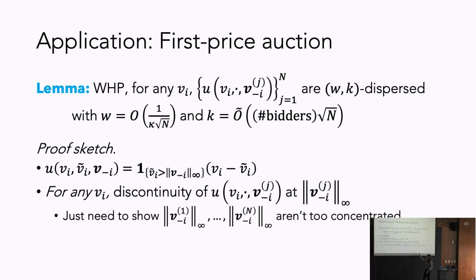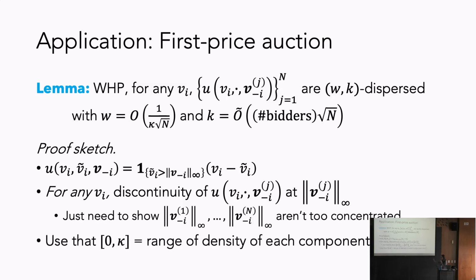And that will imply that no matter what vi is, those functions are dispersed. To show that these L infinity norms aren't too concentrated, we just use that the components have density functions whose range is bounded between 0 and kappa, which controls how well these points concentrate.